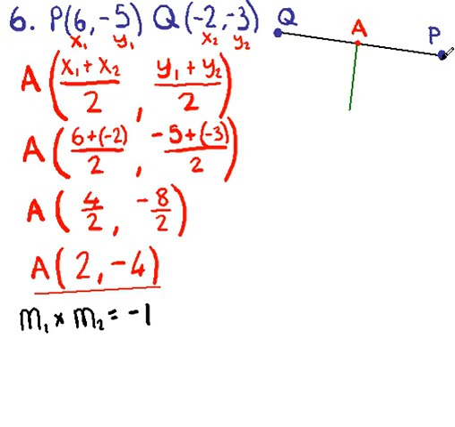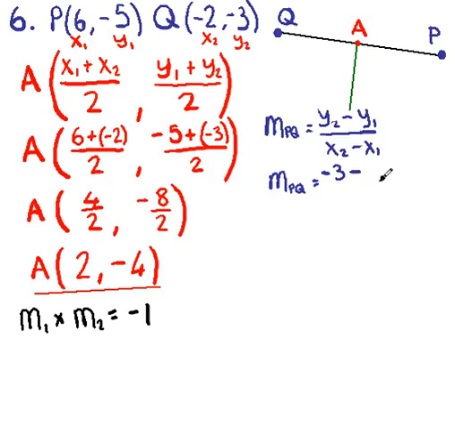To work out the gradient of PQ, we write down the gradient formula. We have m_PQ, the gradient of the line PQ, equals y2 minus y1 over x2 minus x1. Substituting in our numbers, y2 is minus 3, take away y1, which is minus 5. On the bottom line, we have x2, which is minus 2, take away x1, which is 6.